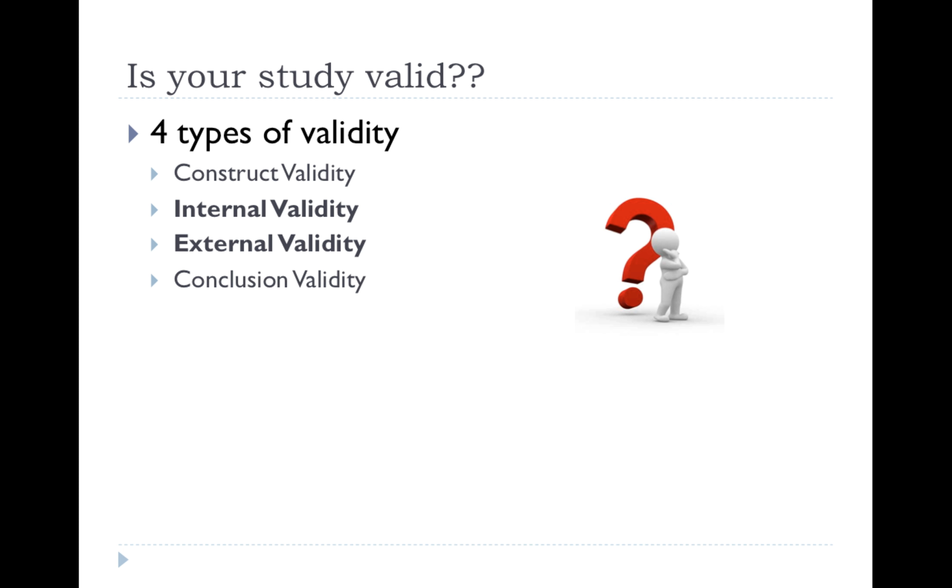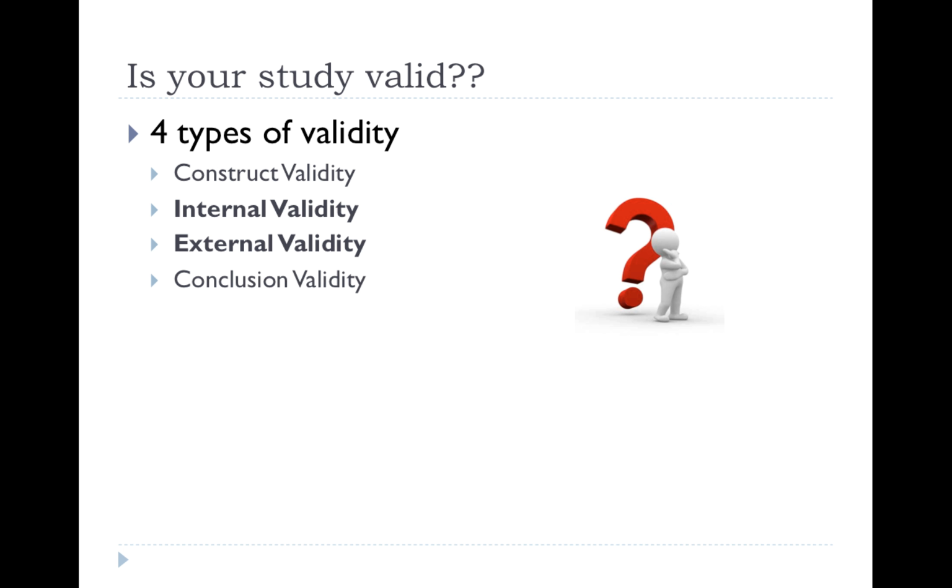Third, we have external validity. So external validity and internal validity are always in this competition, if you will, because internal validity basically means that you want to have a lot of control, right? You want to make sure that you're eliminating third variables. External validity, on the other hand, is mostly concerned with making sure that the results that you're obtaining can be generalized to the population.